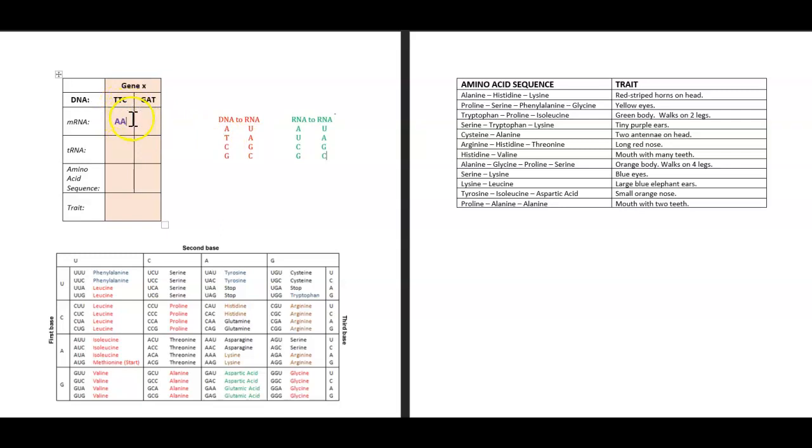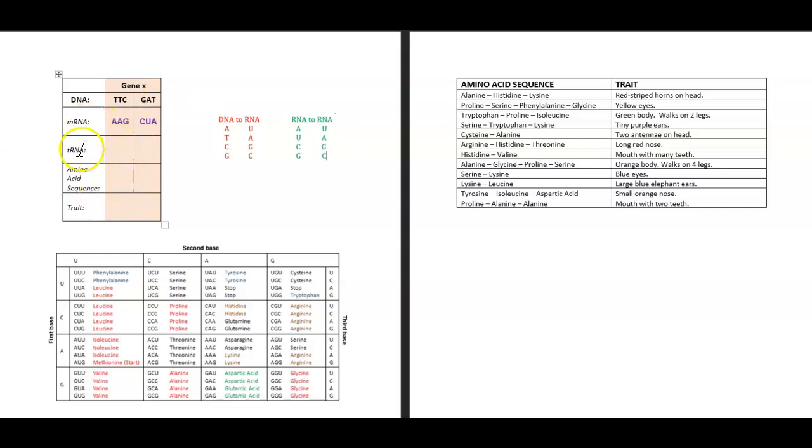And then C binds with G. So the mRNA codon that matches this DNA sequence is AAG. Then we're going to go from G to C, and A. Here's where we have to use that U, because A binds with U, T binds with A. So those are our two mRNA codons.